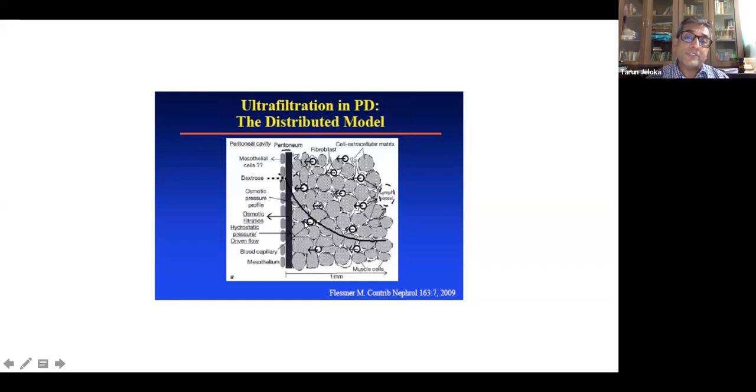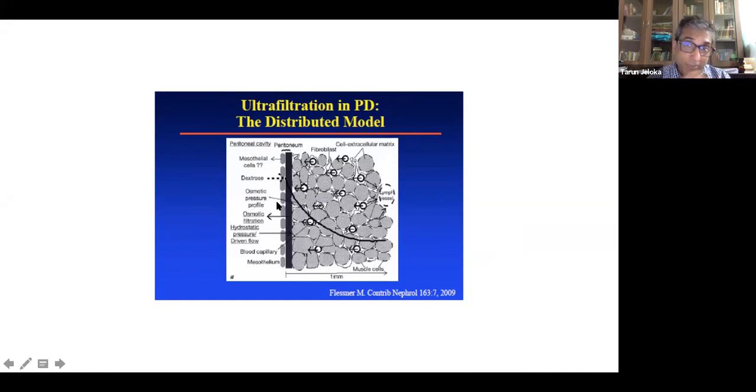Now what this model says is, when you instill dialysate into the peritoneal cavity, because of the presence of glucose, there is an osmotic pressure and there is absorption of dextrose across the membrane into the vessels. So because of the absorption and osmotic effect, there is passage of fluid into the peritoneal cavity.